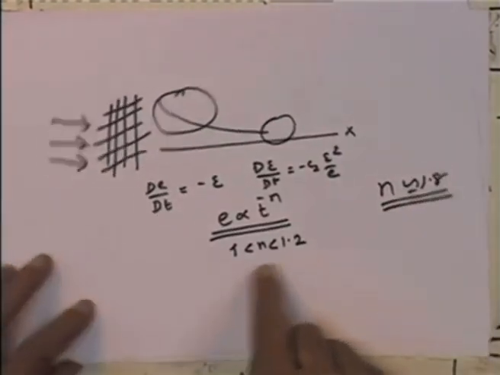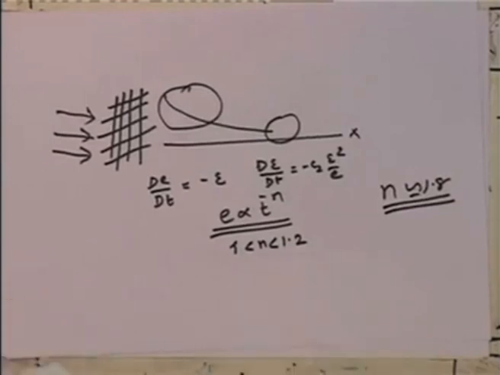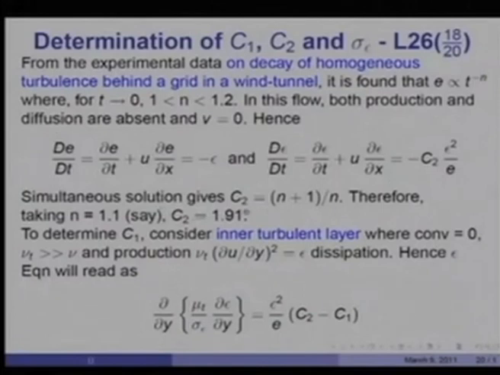So, in the initial times, at least it is between n equal to 1 and 1.2, and therefore, the simultaneous solution gives C2 equal to n plus 1 divided by n, and therefore, taking n equal to 1.1, say, we will get C2 equal to about 1.91.